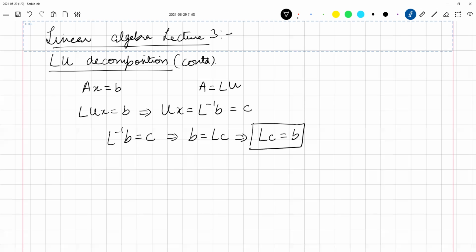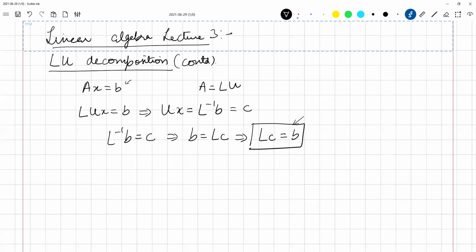So in this particular equation, what is known to you? What is known in Ax is equal to b? A and B are known to you, x is unknown. Now if you look at this equation, what is known? L and B are known, C is unknown.